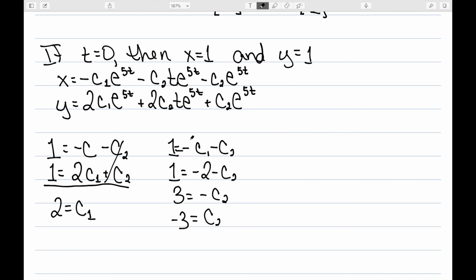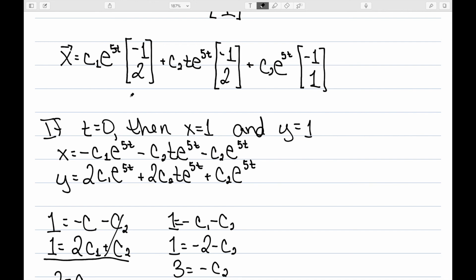So now if I scroll up, I can change my C1 and C2 appropriately. Let's go ahead and erase these plus signs as well. I said that C1 was 2, so I'm going to write a 2 here. And I said C2 was negative 3. So with that, I finally have my solution.